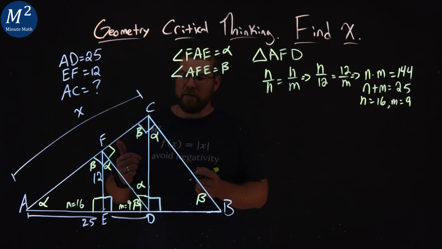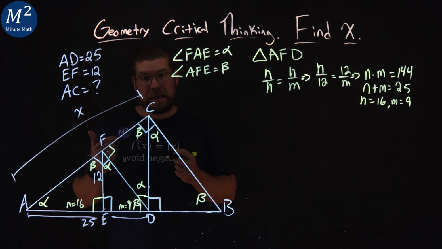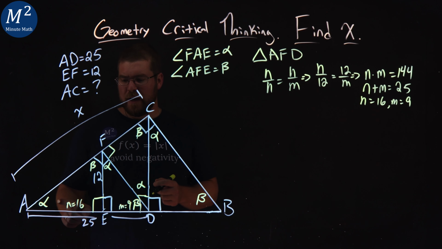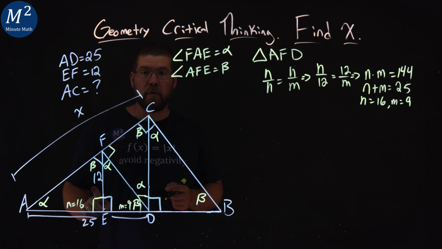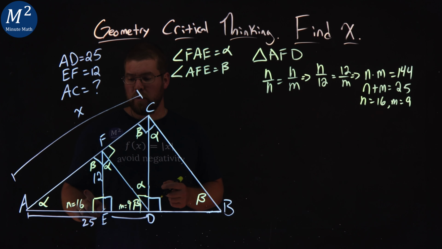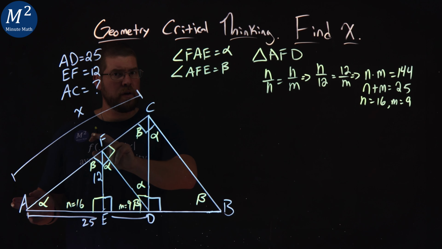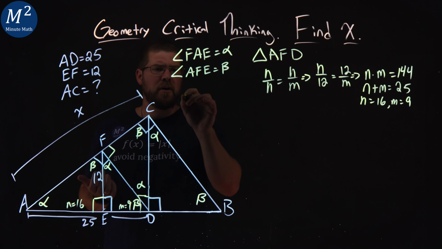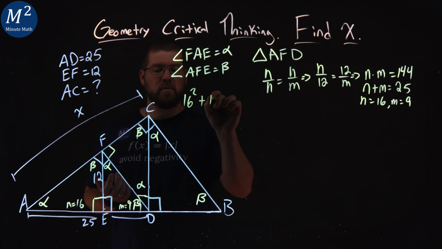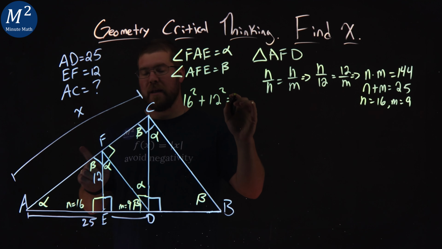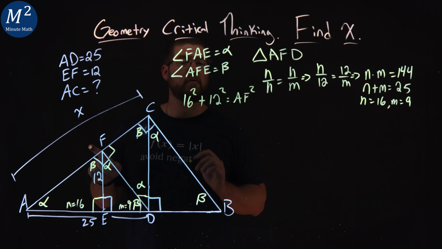Now, as we're going on even more, there's some more information that I can get. Notice here we have two side lengths of a right triangle. We have 16 and 12. Can we find the length of AF? And Pythagorean theorem can help us here. We have 16 squared plus 12 squared is equal to AF squared.